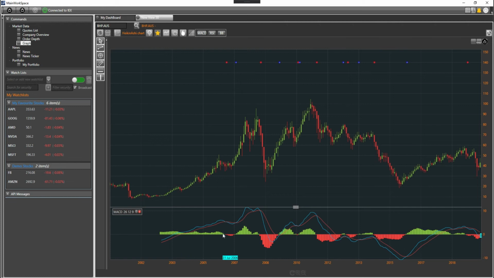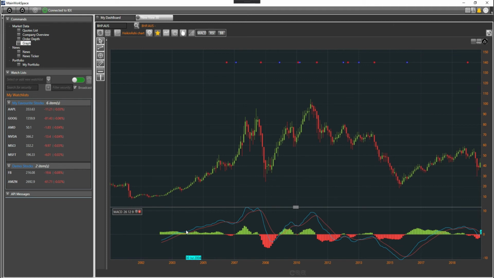And then you have at the bottom a bunch of bars or histograms. And you have a positive where it shows green. If you take this as 0, above 0 is positive in green and below 0 is negative.